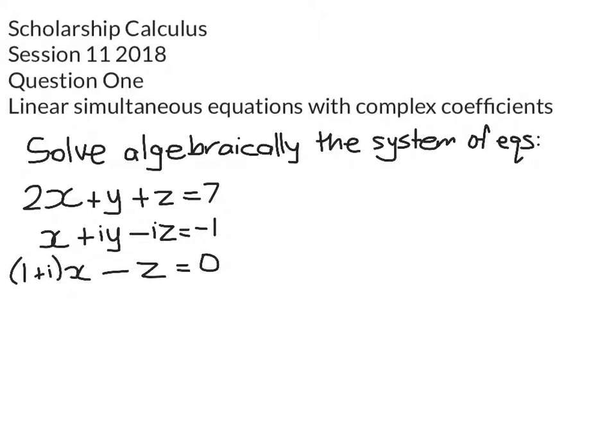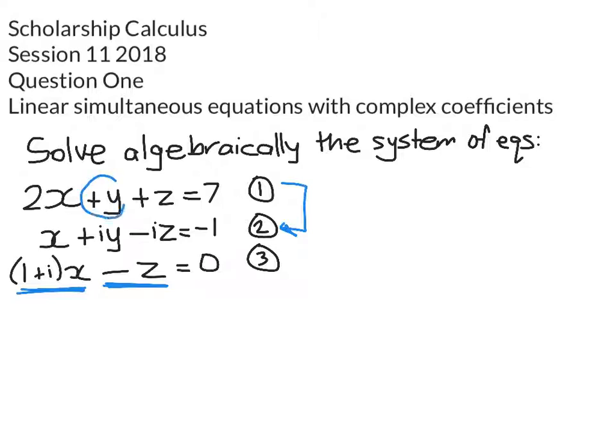Okay, so several ways to proceed here, but the first thing we'll do is label our equations 1, 2 and 3. Now let's take a look at what's good here. Looking in equation 3, we've just got two variables, an x thing and a z thing. So that suggests that I might want to use 1 and 2 together to get rid of y. The way that I'm going to do that is just how I do it with real coefficients.